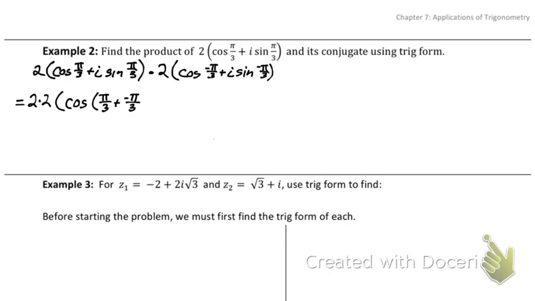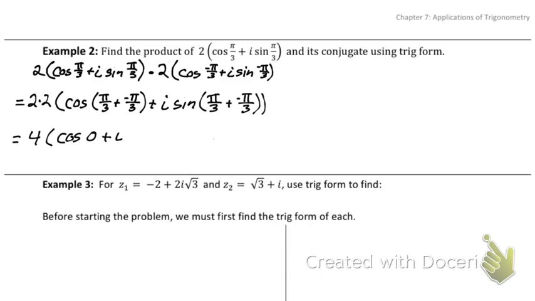Then we're going to have plus i times sine of pi over 3 plus a negative pi over 3, close parentheses, and we're going to simplify. So that's going to equal 4 times cosine of 0 plus i times the sine of 0. And we're going to simplify this even further.